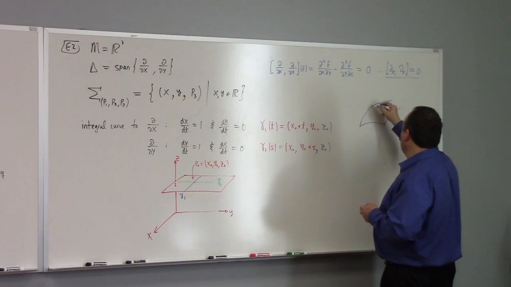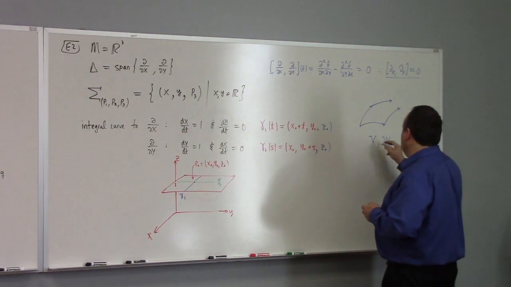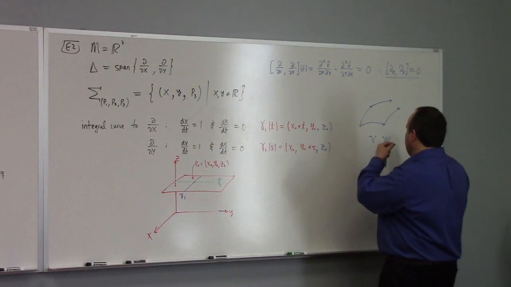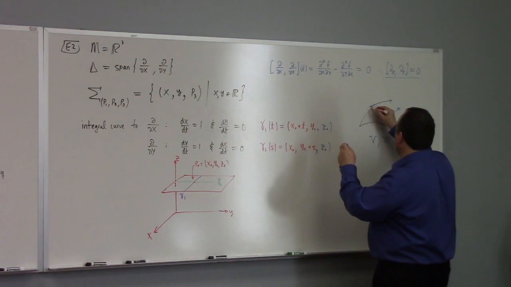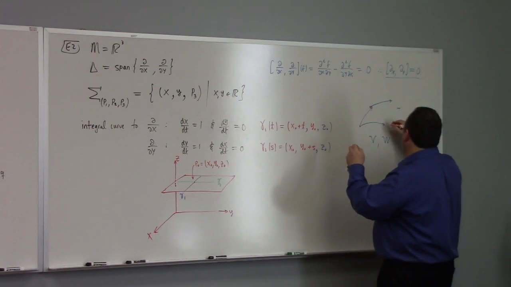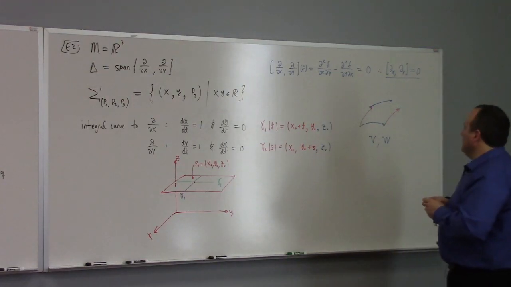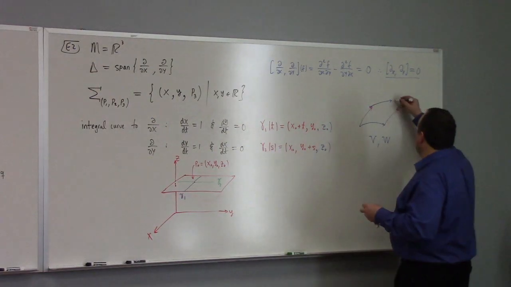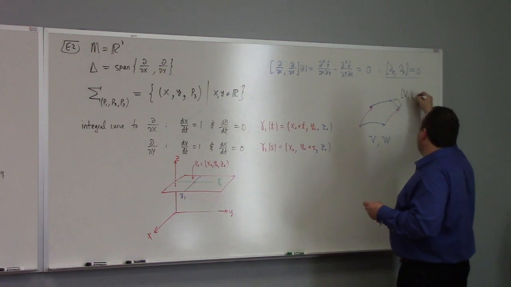Like if I have two vector fields, a vector field V and a vector field W, and let me do some color coding, maybe these are both flows along V. Something like that. I'm fuzzy on this idea right now. I'm sorry, guys. I wish I wasn't. But this piece right here has to do with the commutator of V and W.